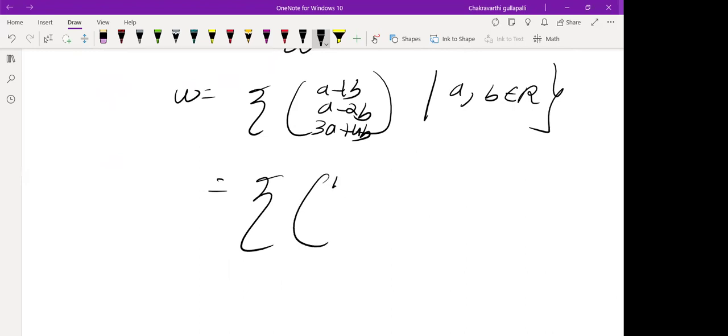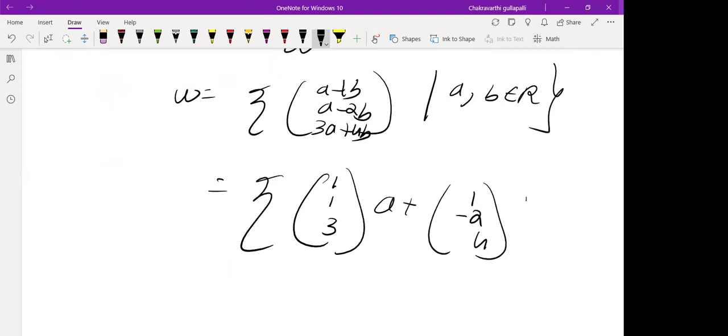So how to write? Take all first components, take all second components, the coefficients of A, B belonging to R.